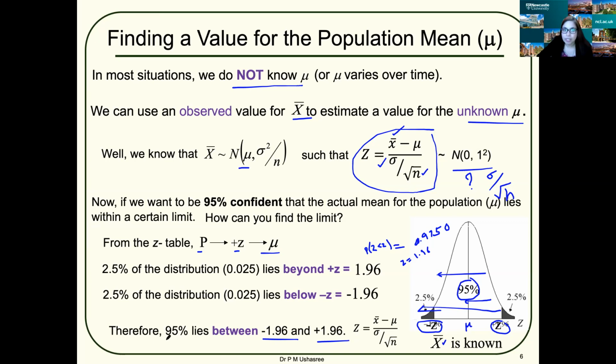There is a 95% chance that the true value lies between minus 1.96 and plus 1.96. We have two Z values because this is the limit within which our population mean will lie. If we substitute these into the formula, we can estimate the unknown population mean.